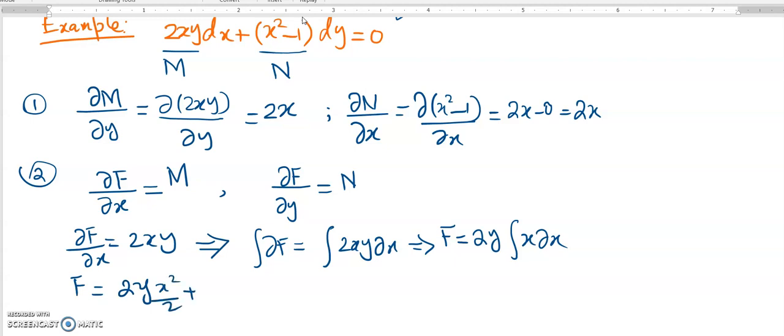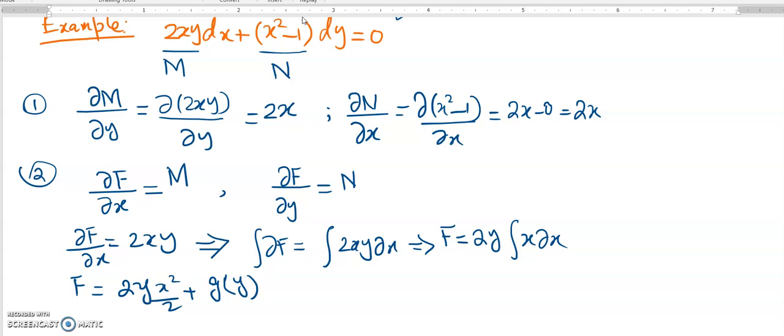But in this case we know that F is a function of x and y. If we are integrating with respect to x, we can take that constant as a function of y, because y is a constant with respect to this integration. So although we are adding a constant, that constant will be a function of y in this case.